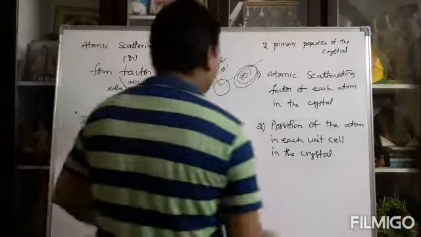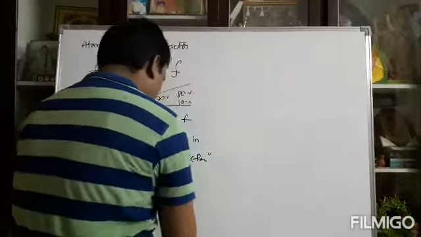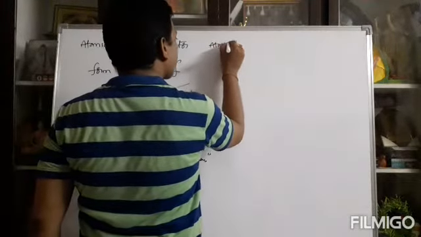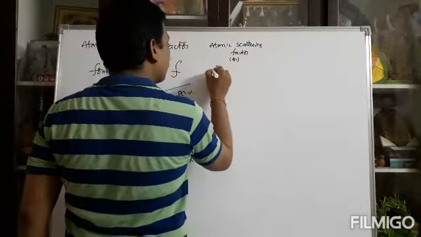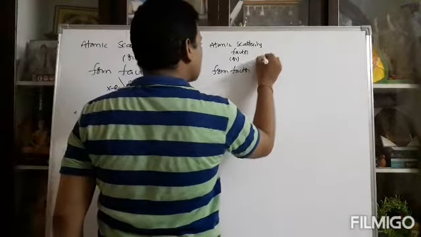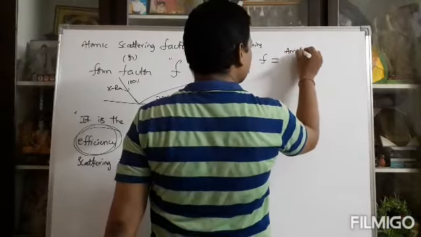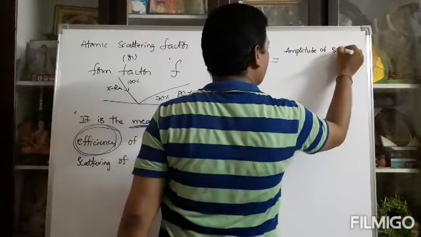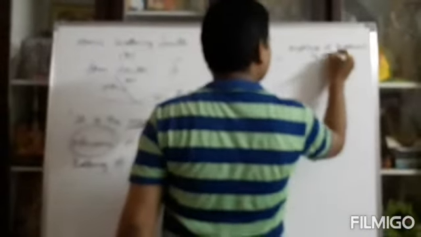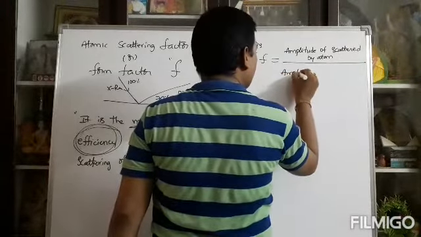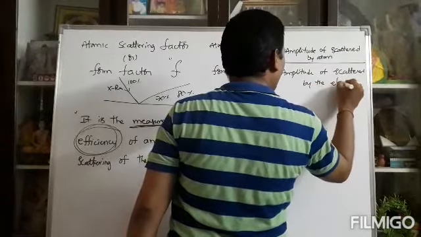The atomic scattering factor or form factor, which is represented by small f, can be defined as the ratio of the amplitude of scattered by the atom to the amplitude of scattered by the electron.